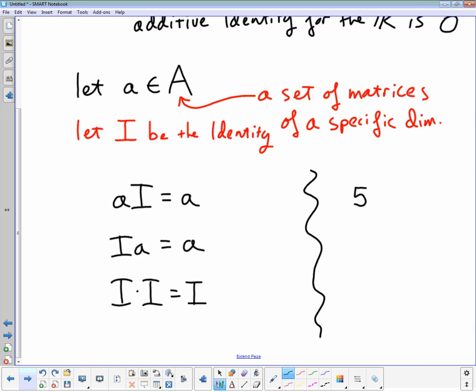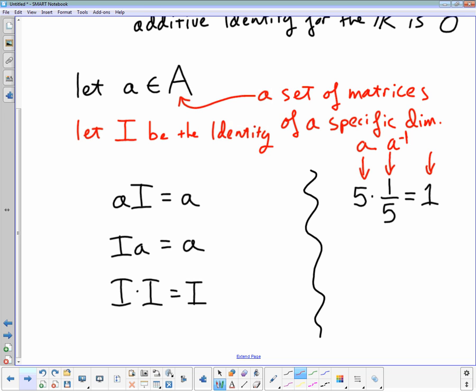I'd multiply it by 1/5, wouldn't I? Okay, so the analogy to this is that I have an element of the real numbers, and there's something out there that will make my identity. If this is A, this is A inverse.